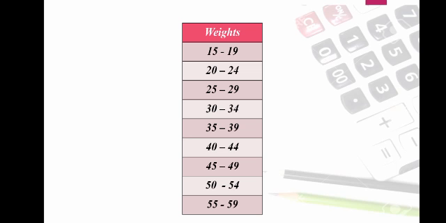And now in the last there is 55 to 59, as in the question 50 to 54 is the last class given. For making the frequency polygon you have to make the successive class of the last row. So 50 plus 5 is 55, and 54 plus 5 is 59. Preceding means to subtract and successive means to add.